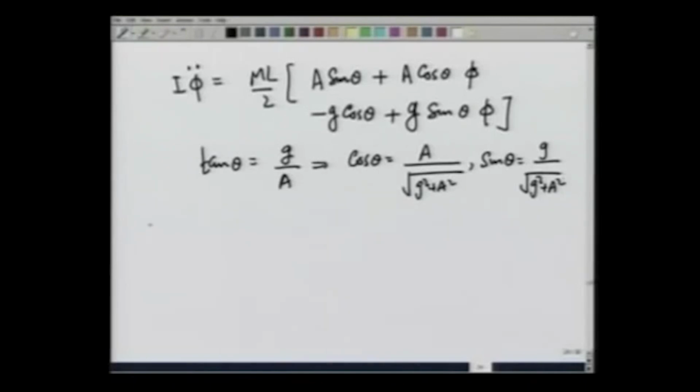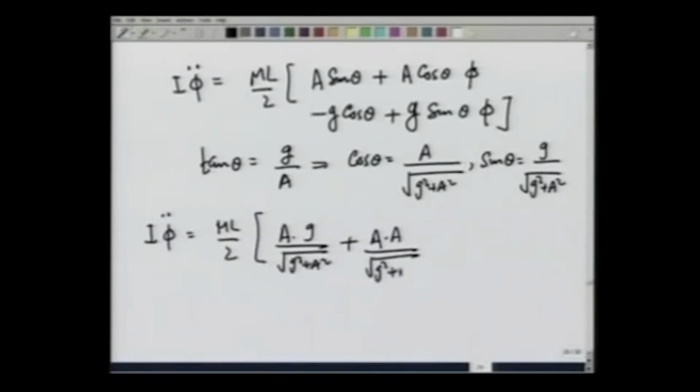Let us substitute that, and then we get I phi double dot is equal to m L over 2 a sine theta, which is g over square root of g square plus a square, plus a cosine theta, which is a over square root of g square plus a square, times phi, minus g cosine theta, which is a over square root of g square plus a square, plus g sine theta, which is g over square root of g square plus a square, times phi.